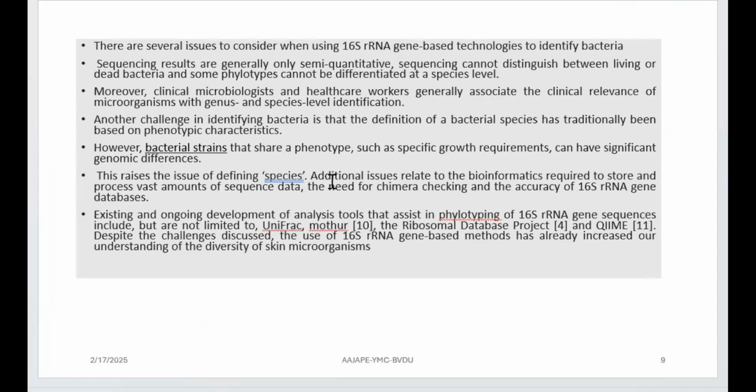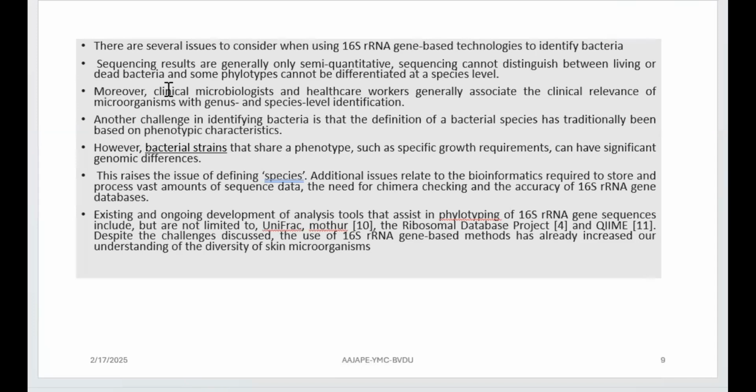So now the concern is, whatever the method that you use for 16S rRNA sequencing, what are the issues? Sequencing results are generally only semi-quantitative. Sequencing cannot distinguish between living or dead bacteria, and some phyla cannot be differentiated at species level. So these are some of the limitations of 16S.